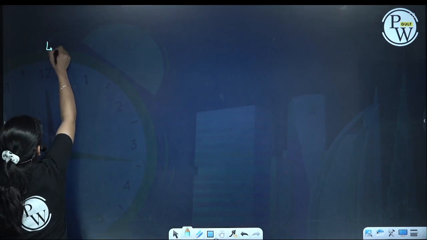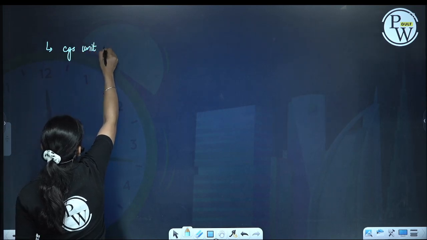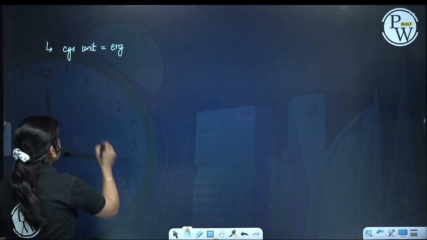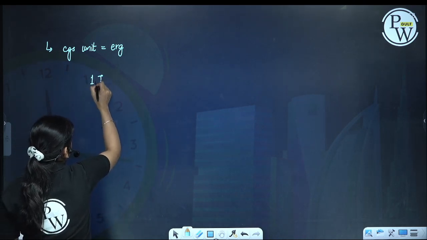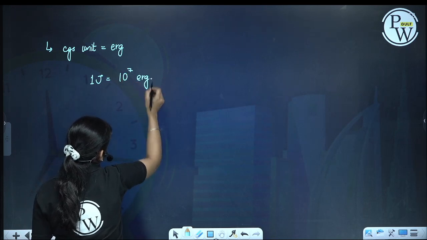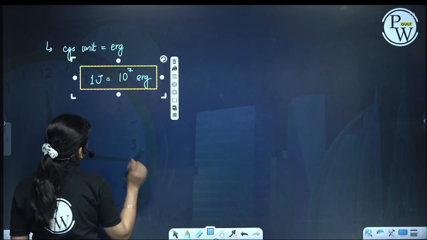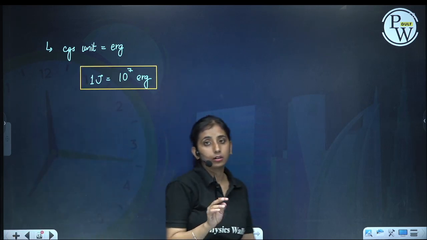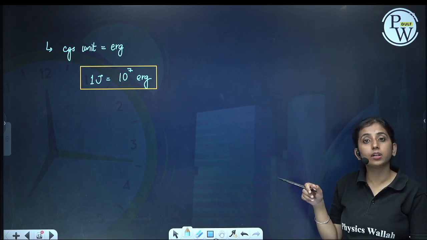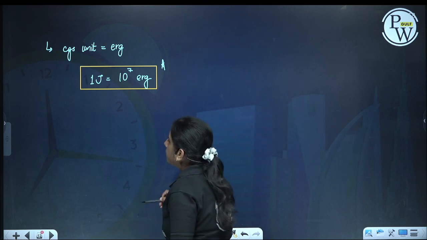If we say CGS, the unit will be erg. Now 1 joule is equal to 10 raised to the power 7 erg. This is the conversion between SI and CGS unit.